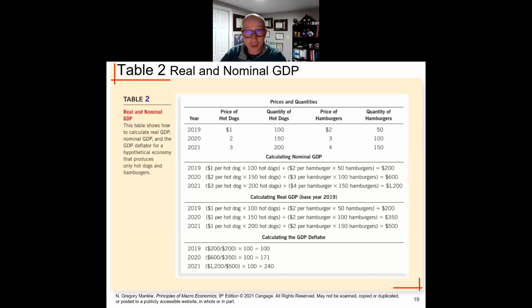The reason why we calculate these differences between the nominal GDP and the real GDP, number one, is trying to figure out how quickly prices rise.